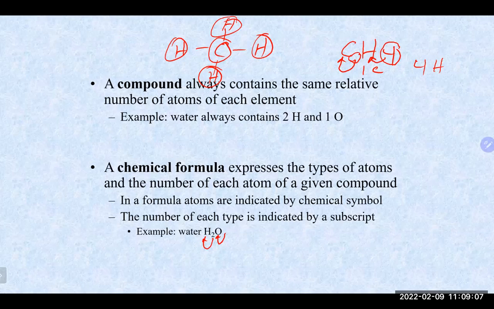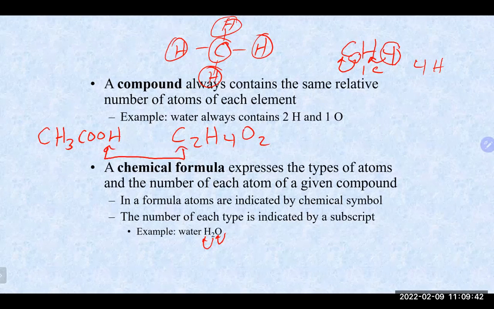There are different types of chemical formulas that we come across. Sometimes they're referred to as molecular formulas, but chemical formulas can be very basic. They can give you some information about the actual compound. For example, if we look at a chemical formula such as this, and a chemical formula such as this, these 2 things are the exact same thing.